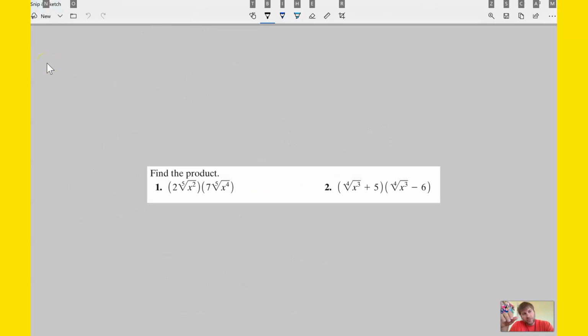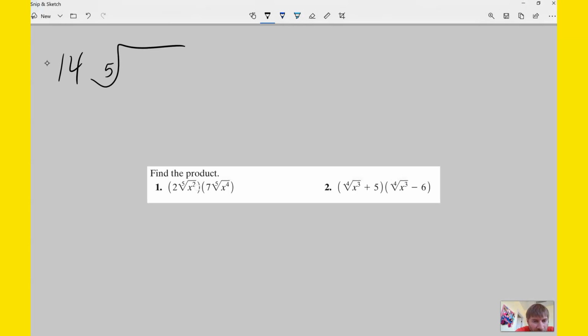More multiplying radicals. The fun in this section just never stops, does it? All right, so multiplying here. So the 2 and the 7 multiply to get 14. And then inside of that fifth root radical, I've got x squared times x to the fourth, which makes x to the sixth. Then the x to the sixth I can break, because I've got a fifth root, the 5 is the index there. I break that x to the sixth down to x to the fifth times x.